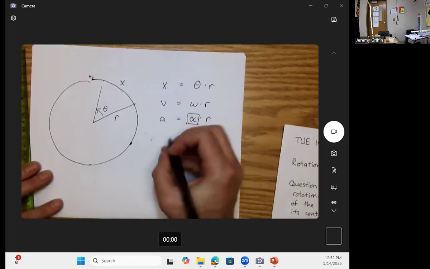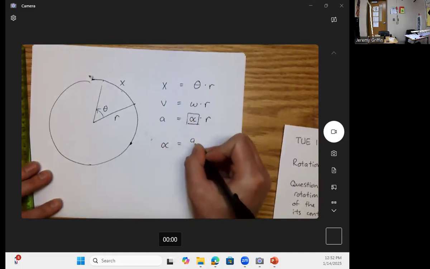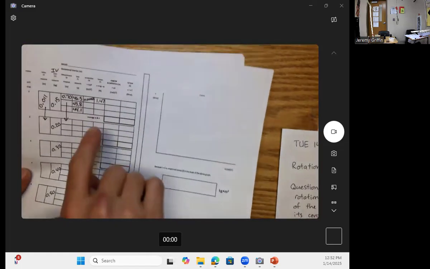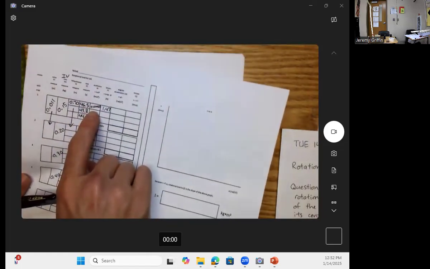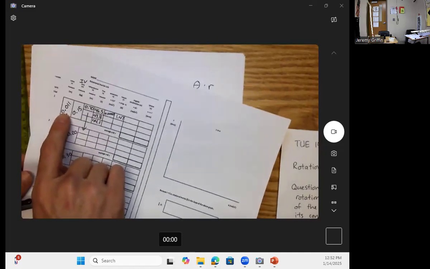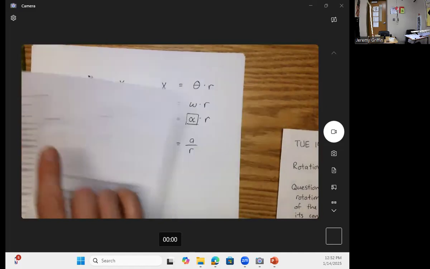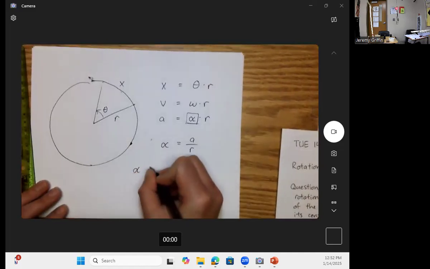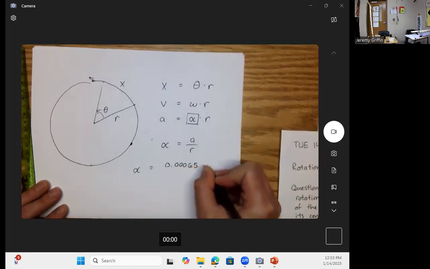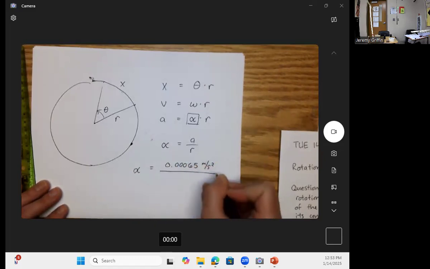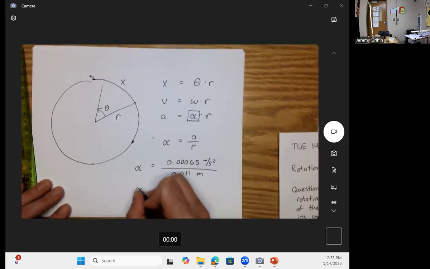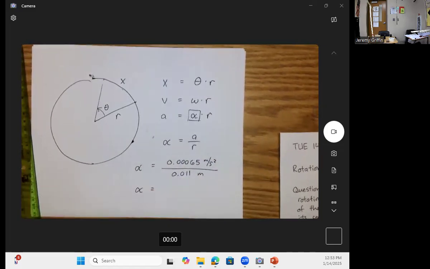So if I want to solve for alpha, I can just do a divided by r, which are numbers that we have. Because here's the linear acceleration of the live weight falling, and here's the radial size of the central pipe the string was wound around. That's what we need. So I'm going to take 0.00065 meters per second squared, divide by 0.011 meters radial size, and I'm going to get the angular acceleration.